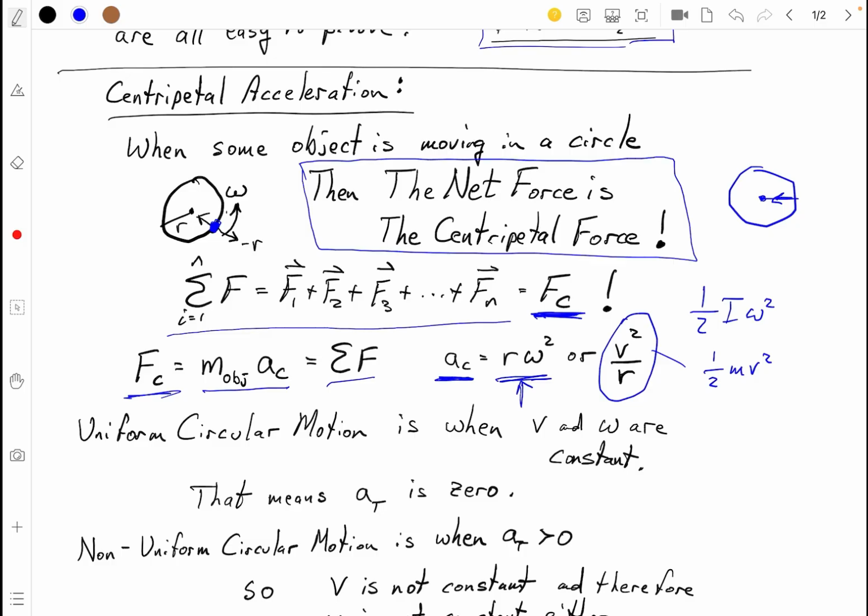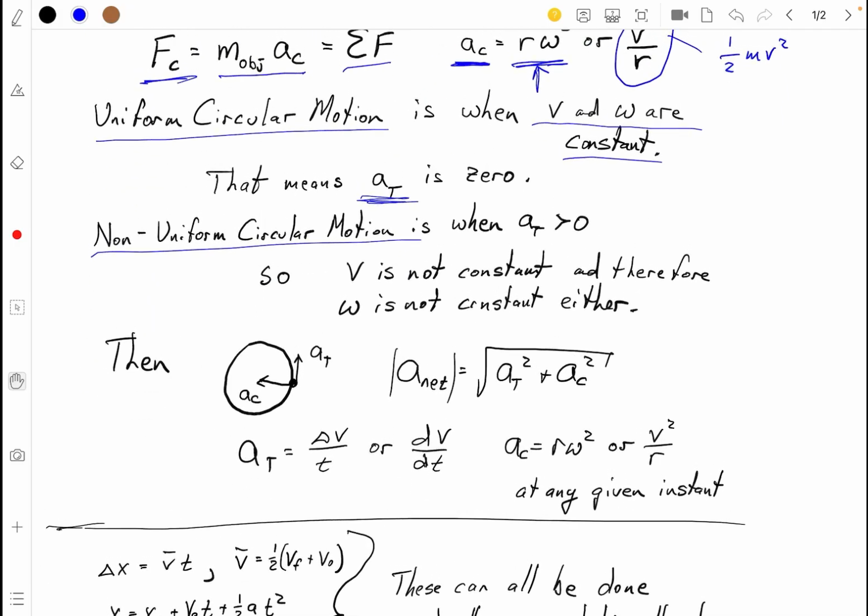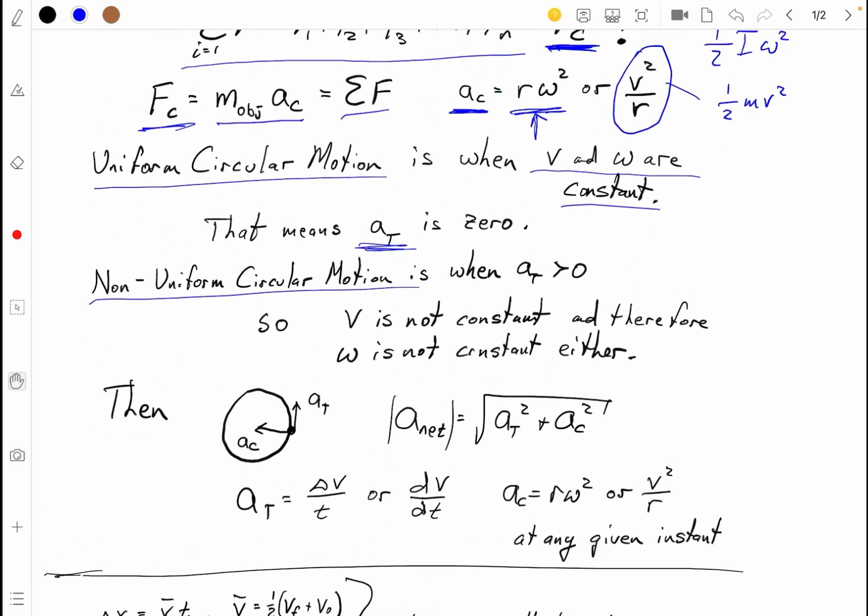So now we have two different types of circular motion, uniform or non-uniform. When v and omega are constant, then that means that your tangential acceleration is 0, okay? So let's look at a picture. Okay, so here's our tangential acceleration, and here's our centripetal acceleration. Which way does it point, by the way?